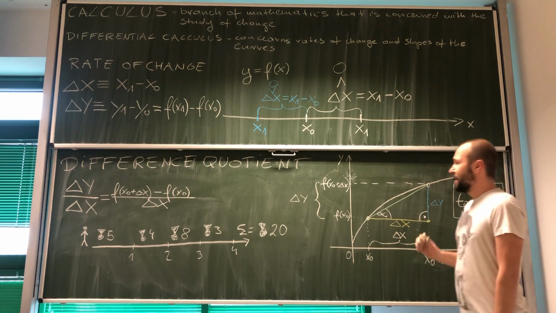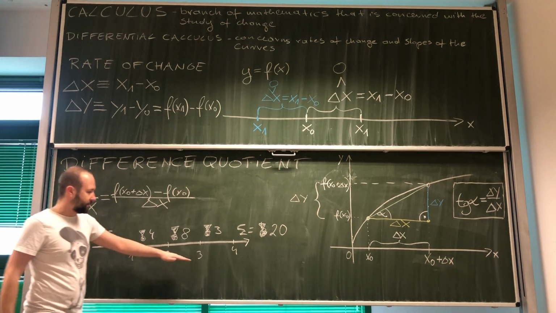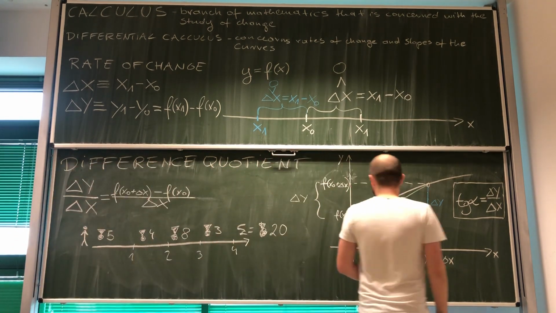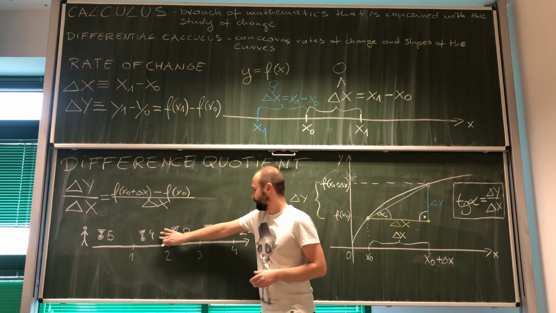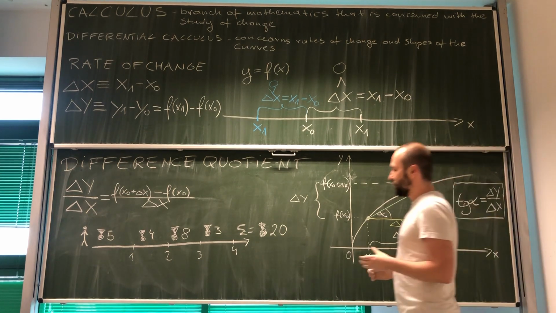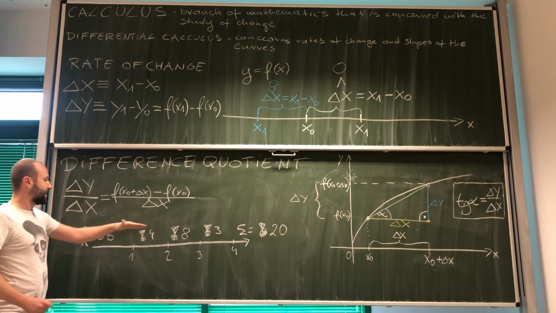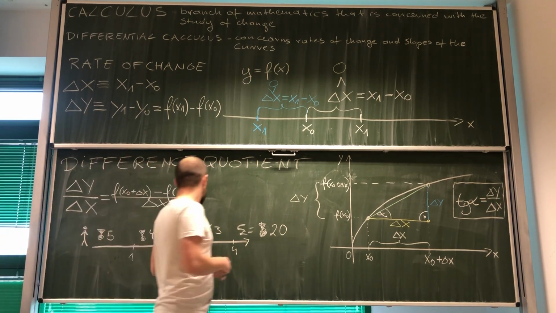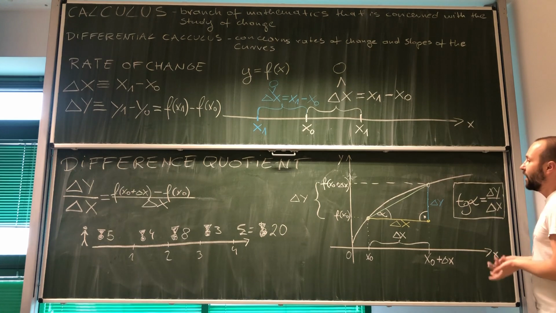So now, we can think about the number of kilometers as our x, and we can think about the number of bags of trash that the student has collected as y. And what do we see? That during each kilometer, he definitely picked up a different quantity of bags of trash.